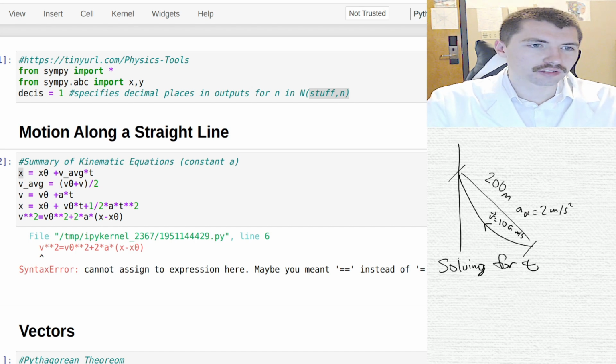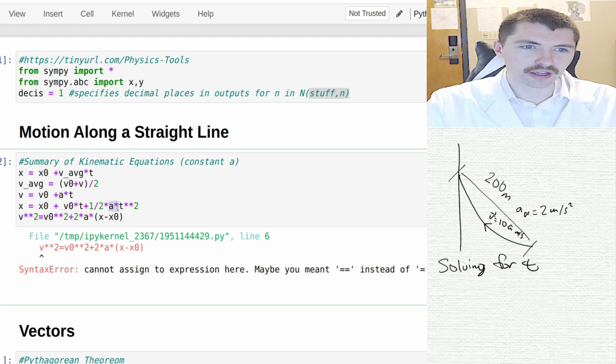We are given a, t0. Because there's two time variables, this looks like a headache, if I'm being honest. Probably this one.